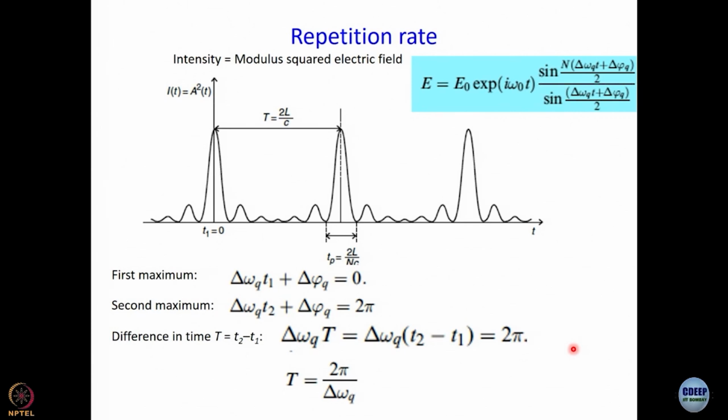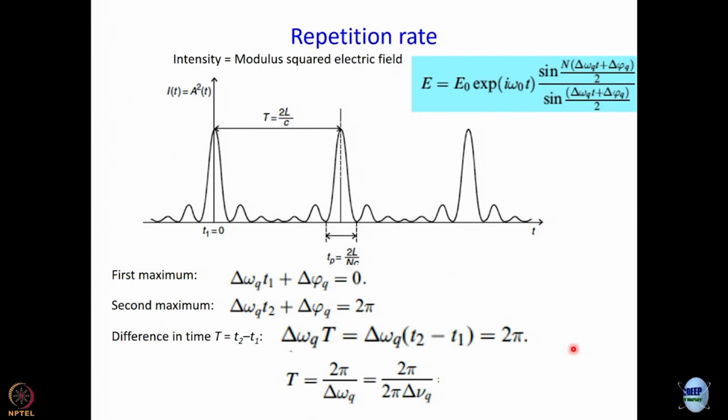So, we can write 2 pi divided by 2 pi into delta nu q, because delta omega is equal to 2 pi into delta nu. When you go from frequency to angular frequency, that factor of 2 pi comes. So, you are left with 1 by delta nu q.